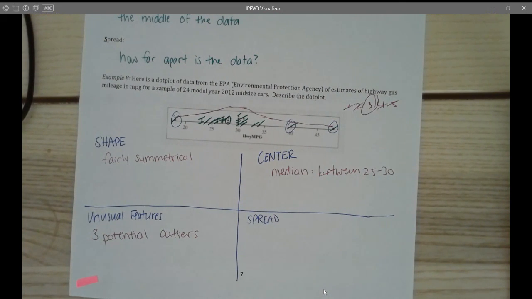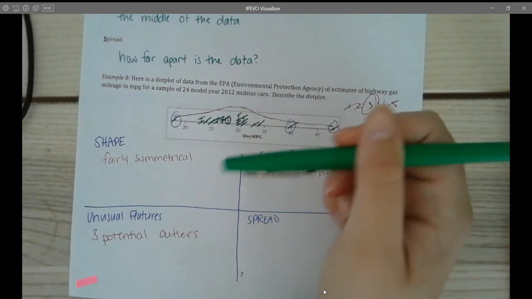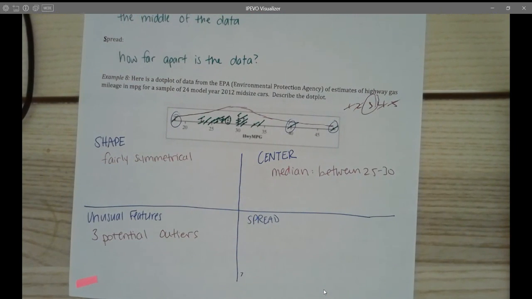So the reason I say somewhere between 25 and 30 is because you would take the average of these numbers, which should be the same number, so it would just be that number, but I don't actually know what that is. Okay. Median is a measure of center. So that's one way we can measure center. Again, we'll talk about that more later, kind of the logistics. For now, we just want to get the gist of these four things.